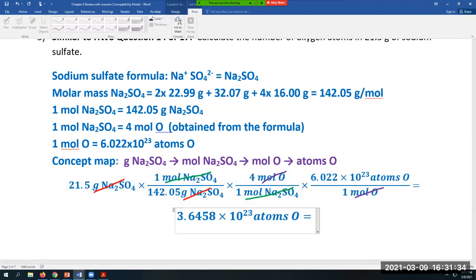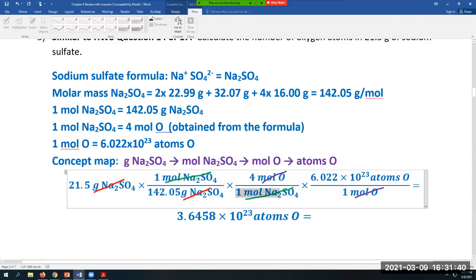So how do we round this? As always, the 1 moles are exact numbers, not limiting. The 4 moles of oxygen per mole of Na2SO4 is also exact. You know, you're counting number of oxygens per formula. The 1 mole here is exact. So the Avogadro number has 4 sig figs.